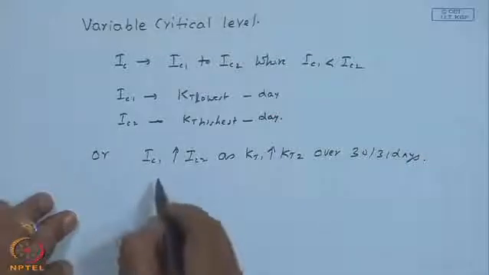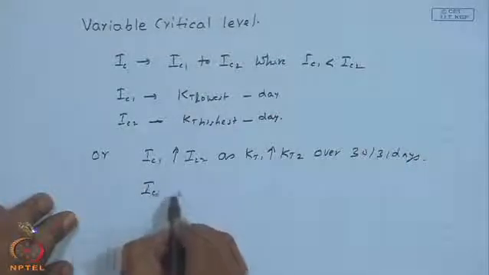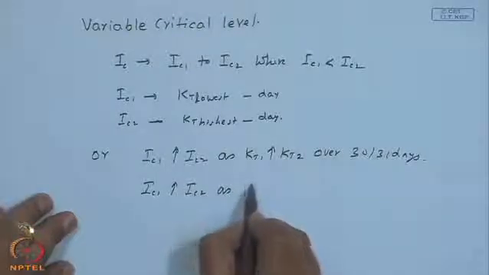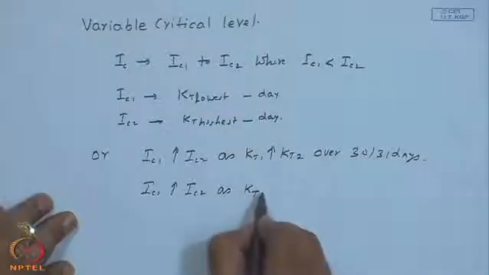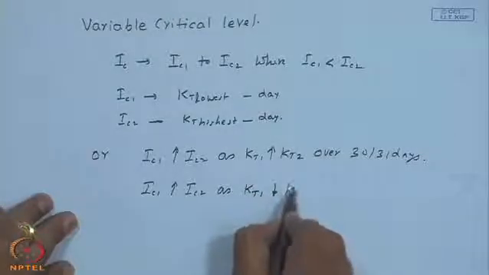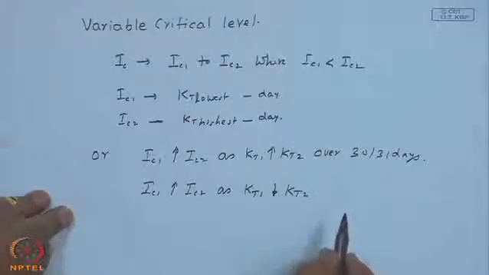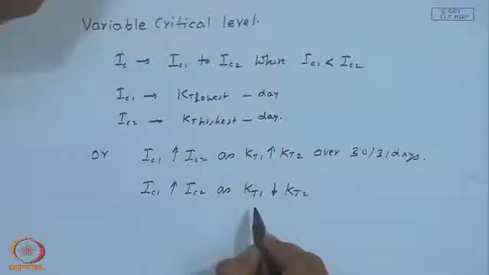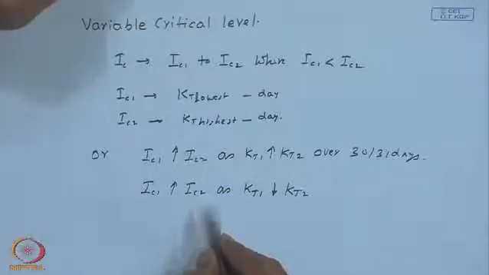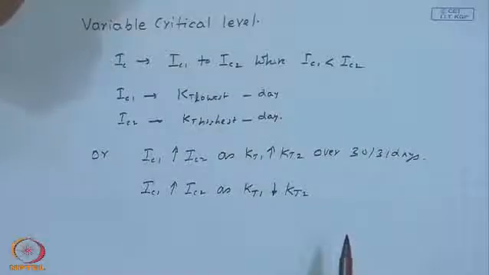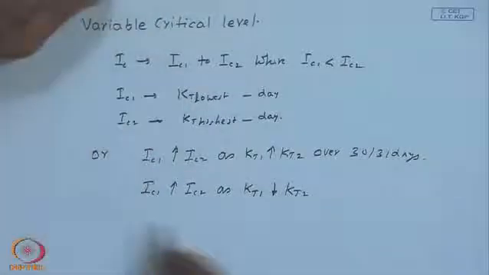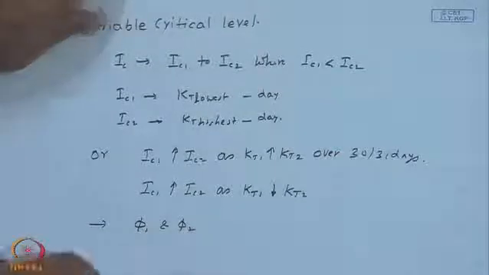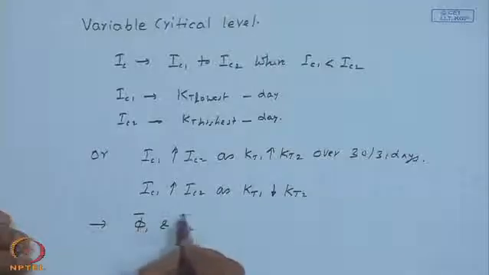The other extreme scenario is I C 1 increasing to I C 2 as K T 1 decreases to K T 2. So, in other words, the highest critical level occurs at the lowest clearness index and the lowest critical level occurs with the highest clearness index. So, if we can calculate, this will lead to some phi 1 and phi 2, or phi bar 1 and phi bar 2.